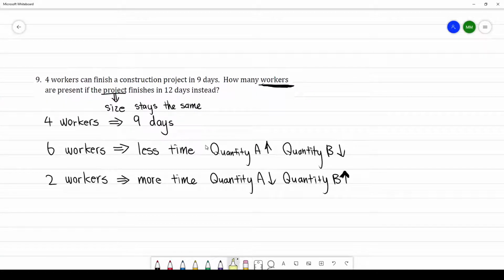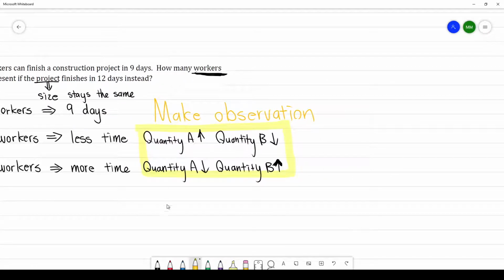So first you have to make these observations, and from this you can deduce that this is an inverse proportion.